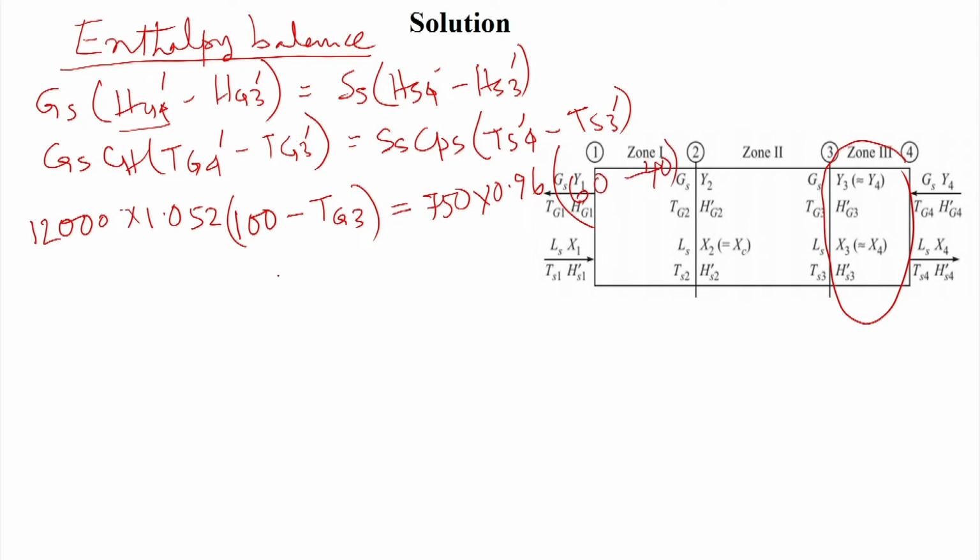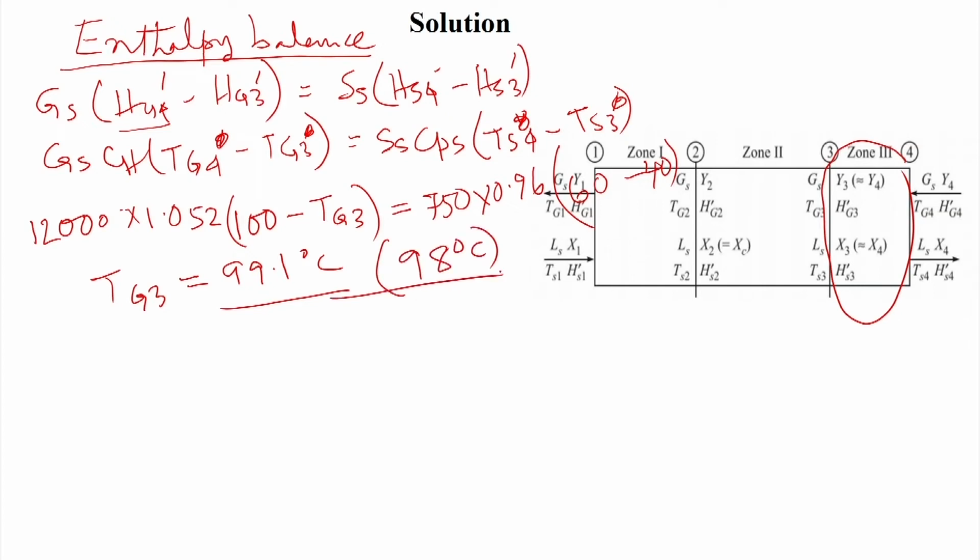So, now from here we can get Tg3. These are not prime values actually. So, Tg3 is equal to 99.1 degree Celsius, and from the psychrometric chart we got 98 degree Celsius. So, maybe both are almost similar.